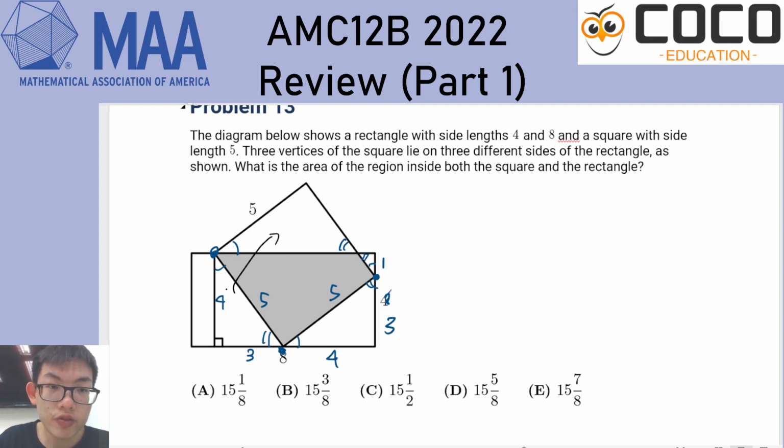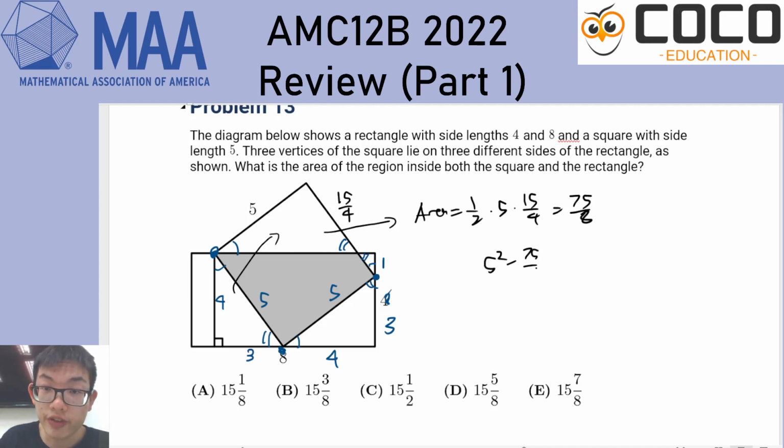This is 5 over 4 times of my classic 3, 4, 5 triangle, which means that this would be 15 over 4, and the area of this triangle is 75 over 8. So my area inside both the square and rectangle is 5 squared minus 75 over 8. This is 9 and 3/8, so I get 15 and 5/8.